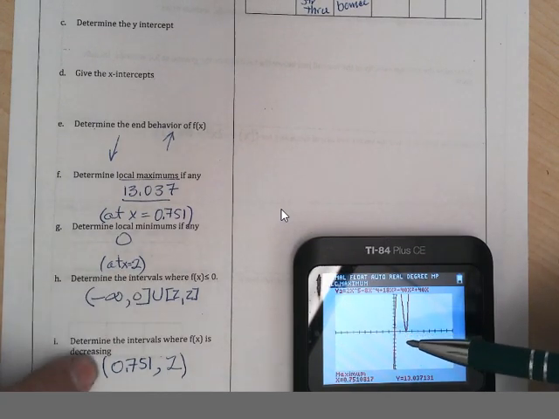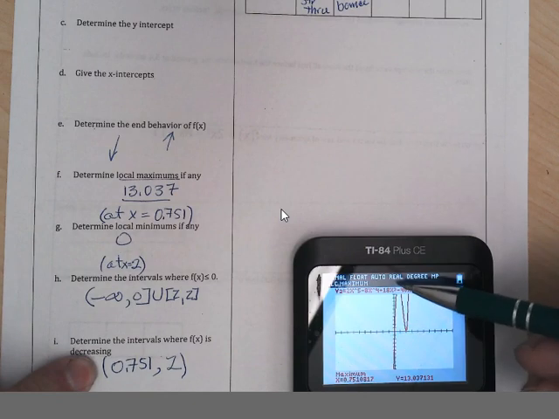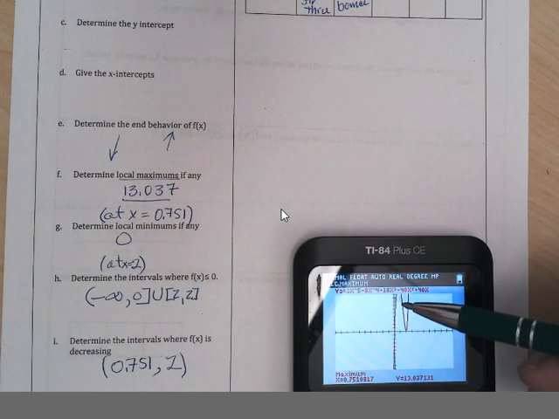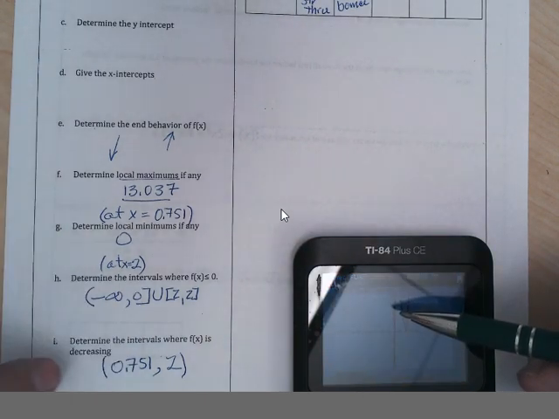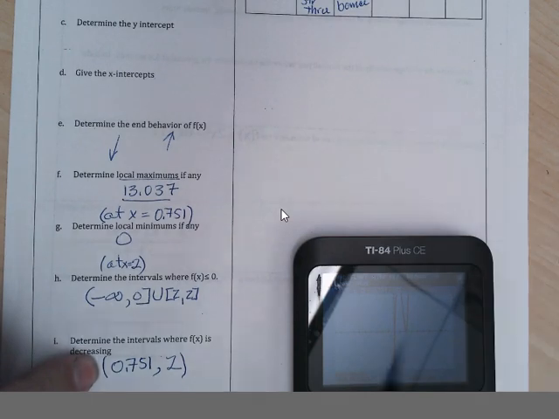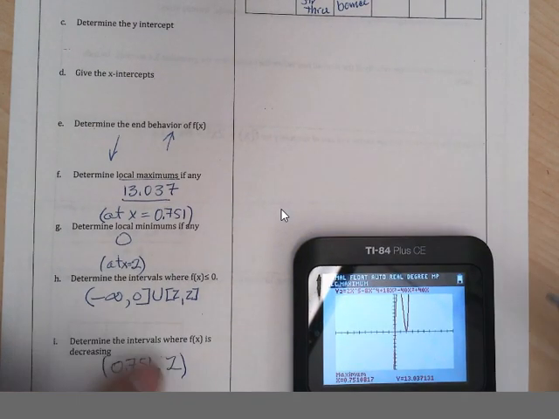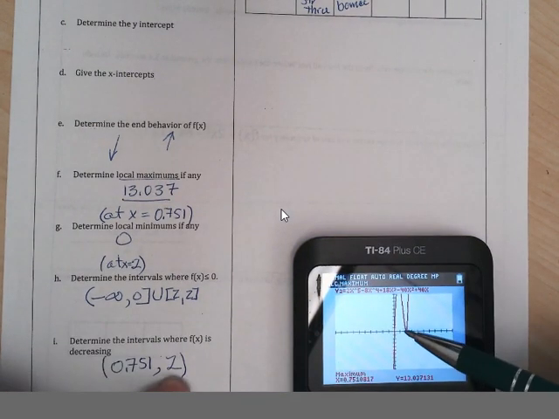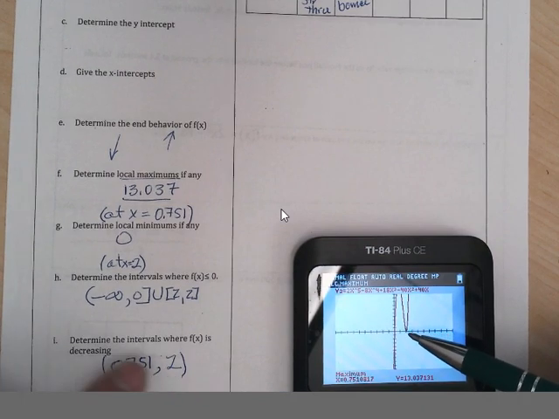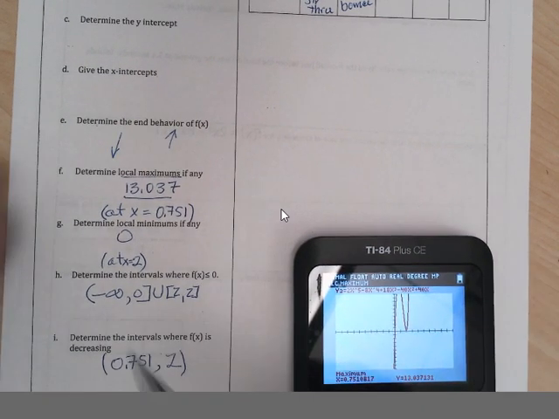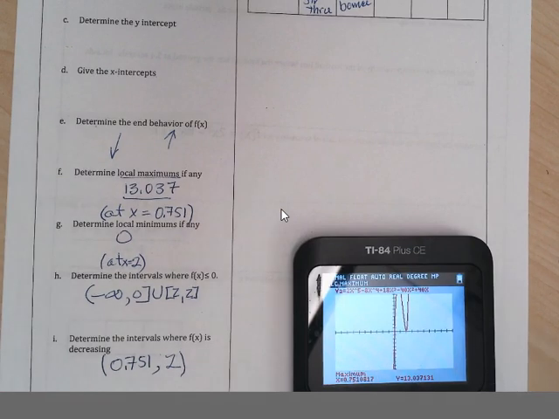Now I use parentheses instead of brackets because at this place it's changing from increasing to decreasing, so I don't want to include there. It's not increasing or decreasing, it's changing. And at 2, it's changing from decreasing to increasing, so I don't want to include it because it's not decreasing there. So I don't include those two places.